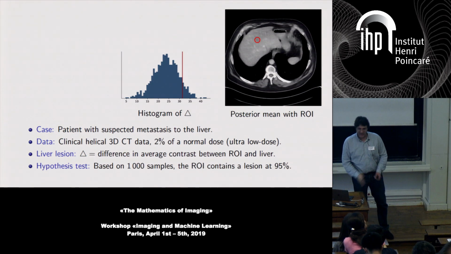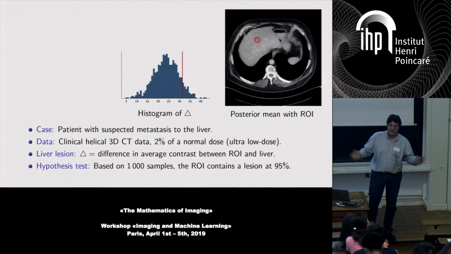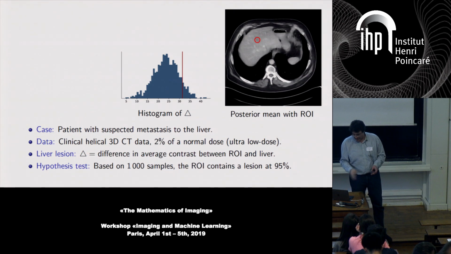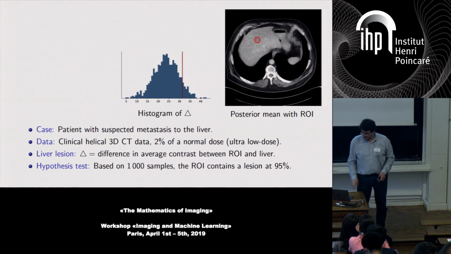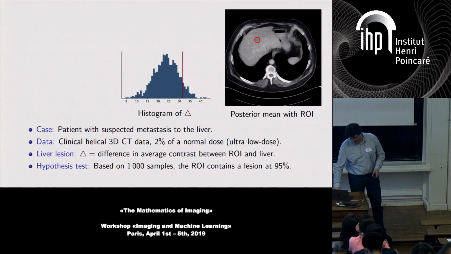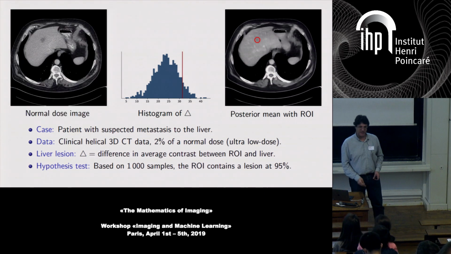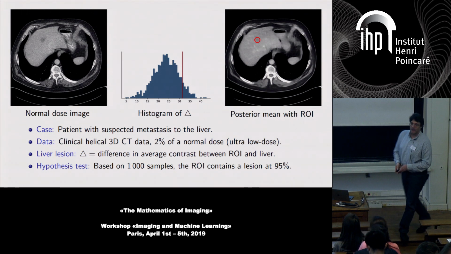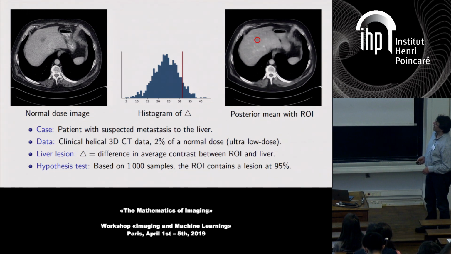And then you can say that if the averages are sufficiently different, then you say there is an issue there. You could do a kind of amateurish hypothesis test. And then, at the end of the day, you might compare against the normal dose image, which is our ground truth here. We don't have the ground truth otherwise, and it actually coincides quite well.